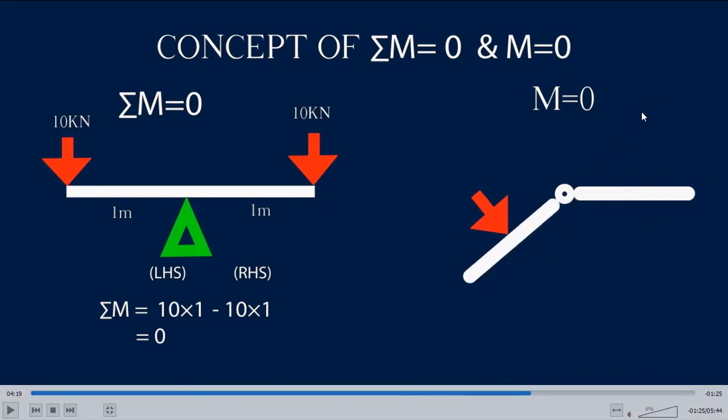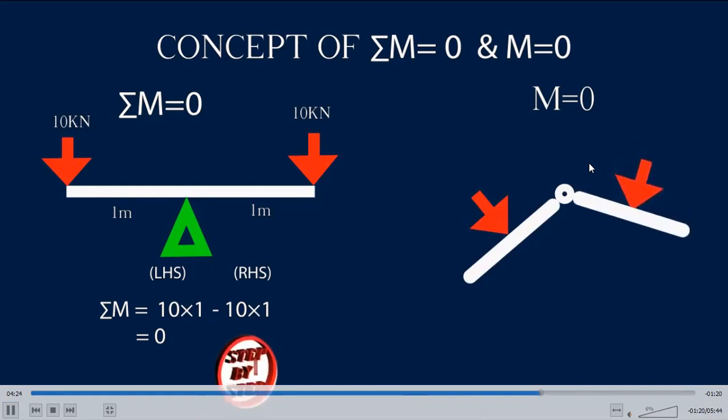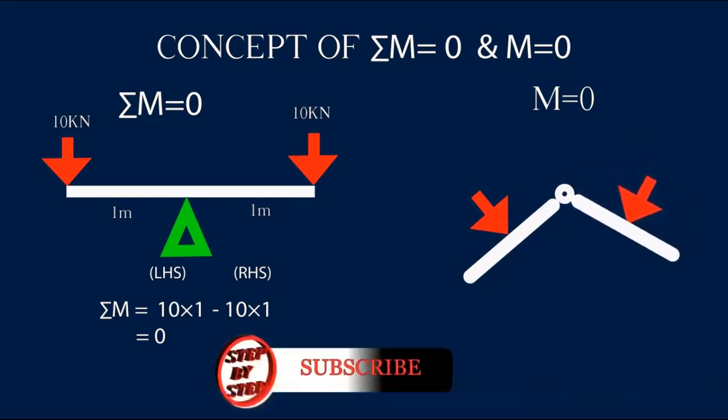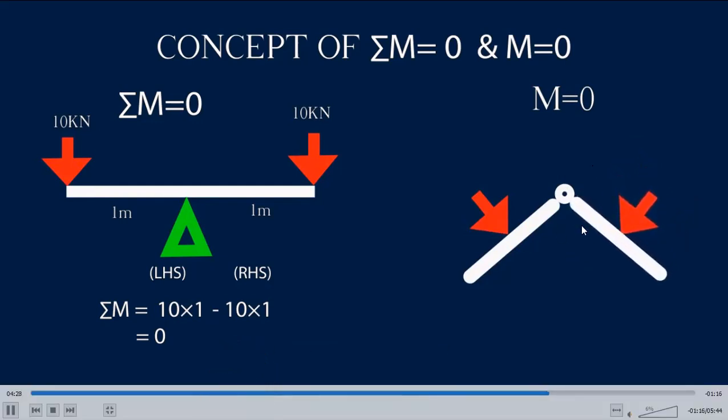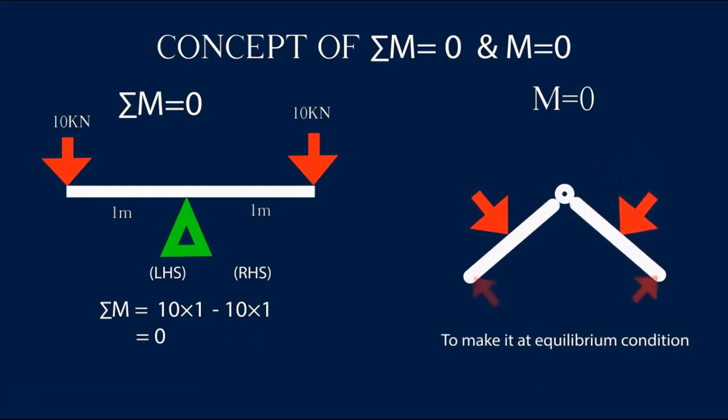It was originally here, but now it's here. There's a relative rotation. It can move independently. That's a hinge, so it cannot take any bending moment.